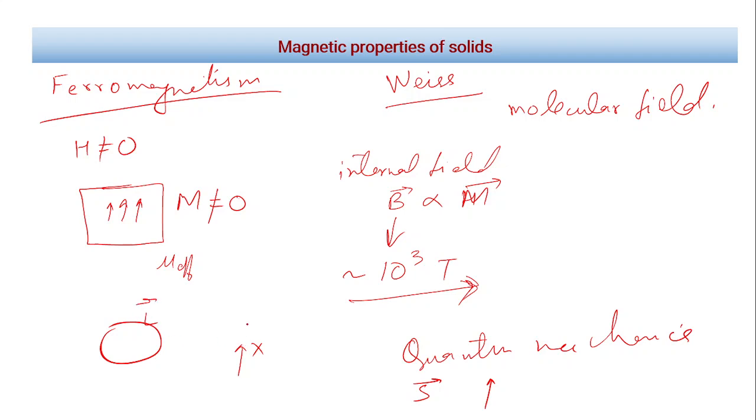Similarly, it was thought that maybe it's spinning as well, and thus the spin angular momentum term was coined. But later on, it was understood that it could not actually be spinning. So basically, the concept of spin is of quantum mechanical origin.